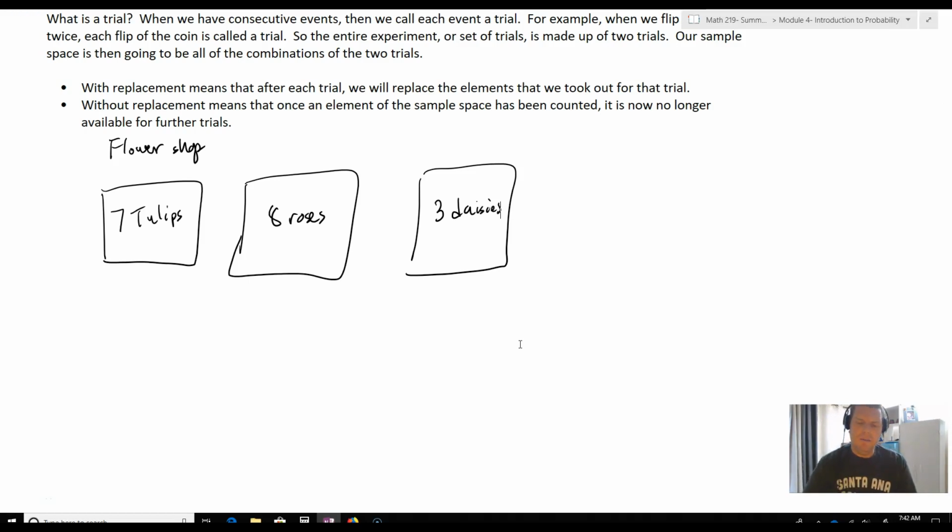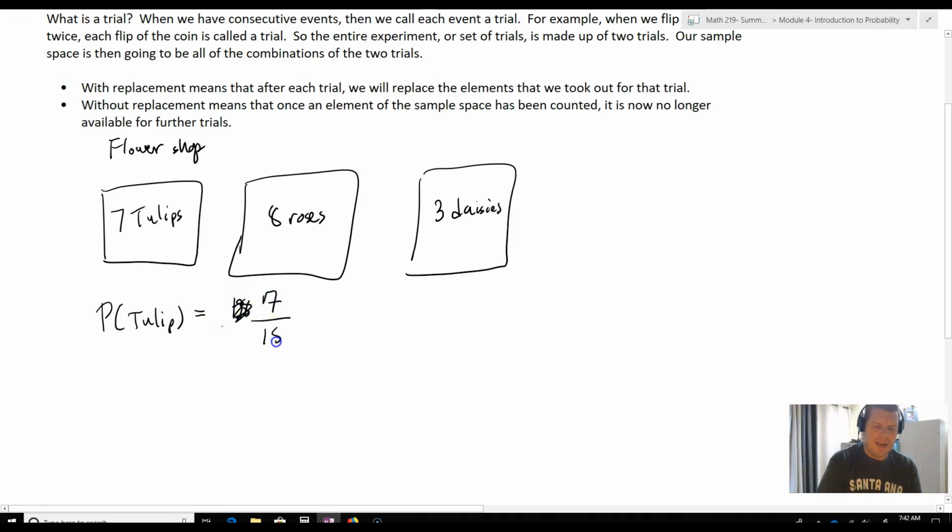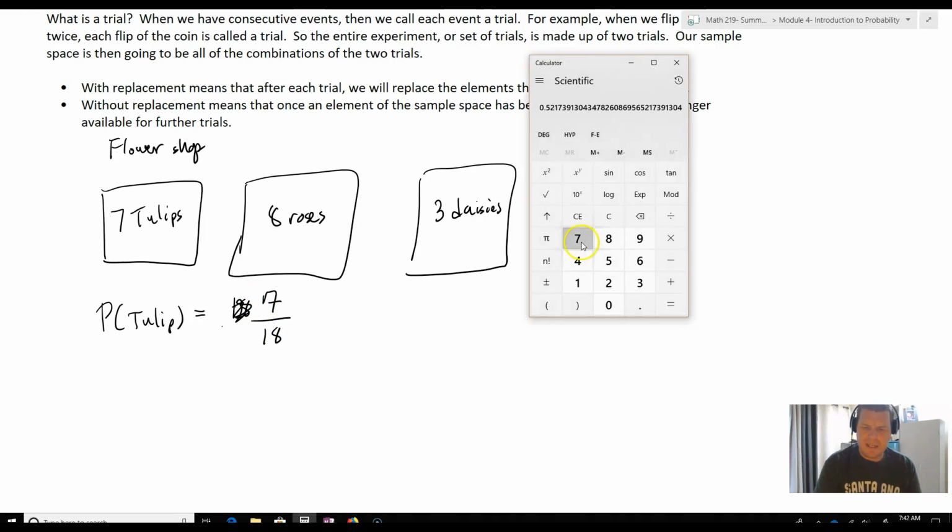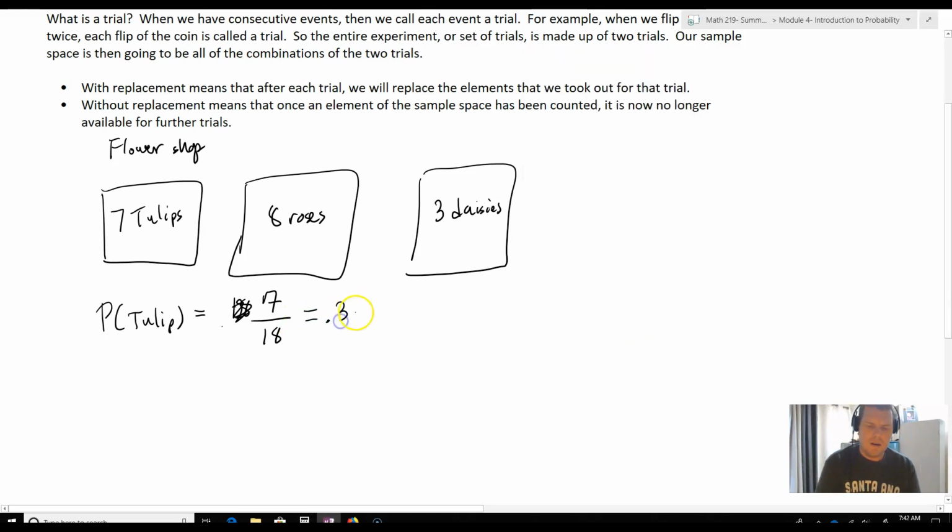And so we want to know the probability that, for example, they pull a tulip. So the probability of a tulip equals 7 out of 18, because there are 7 tulips and 18 total flowers. So 7 out of 18 ends up equaling 0.389. Okay?